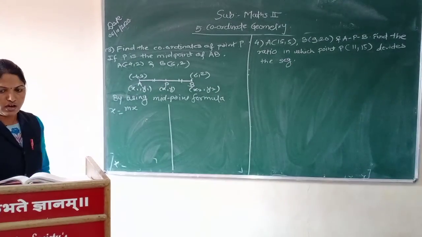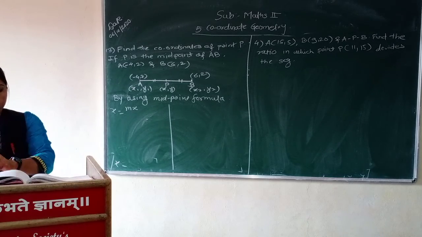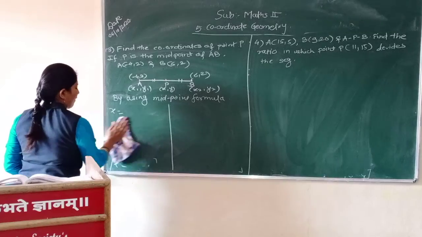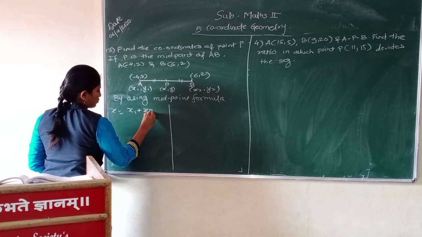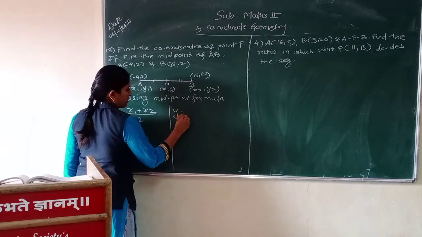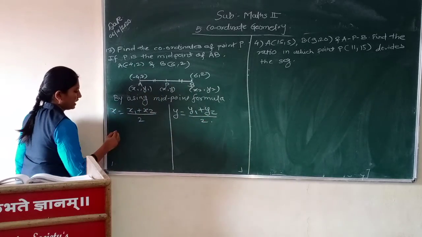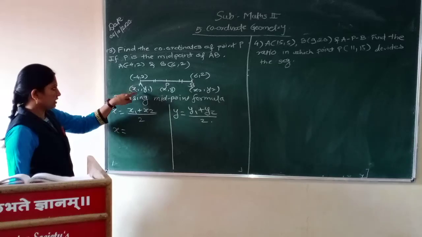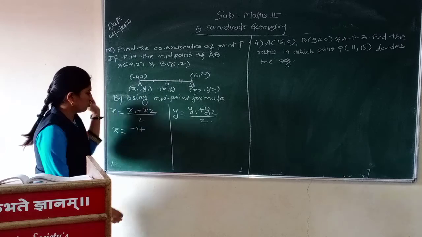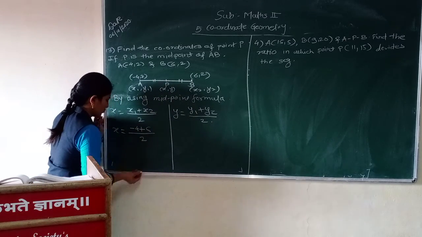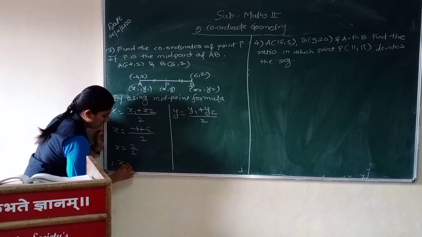So directly we write the midpoint formula: x equals (x1 + x2) upon 2 and y equals (y1 + y2) upon 2. Okay, x1 is -4 plus x2 is 6 upon 2, means x equals 2 upon 2, x will be 1.